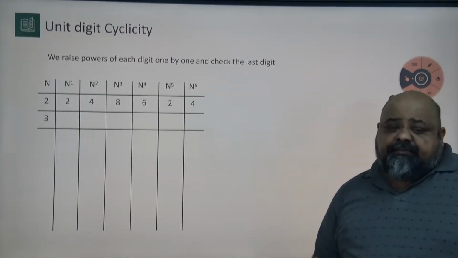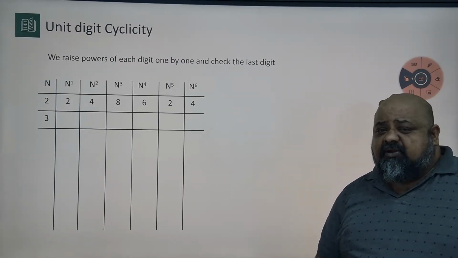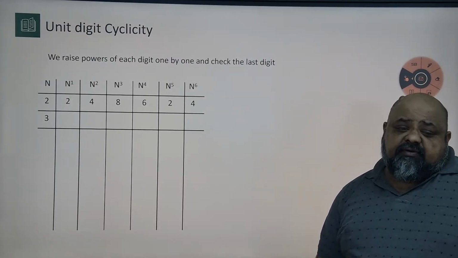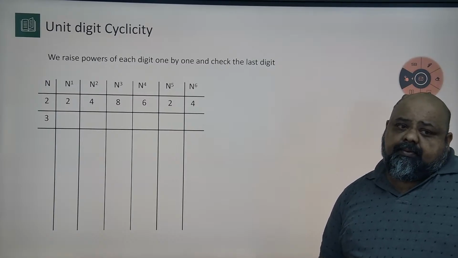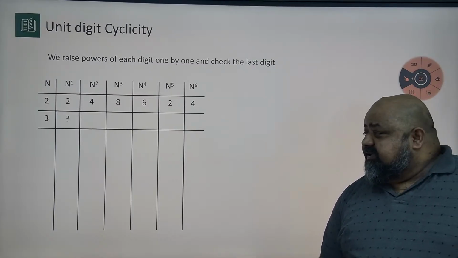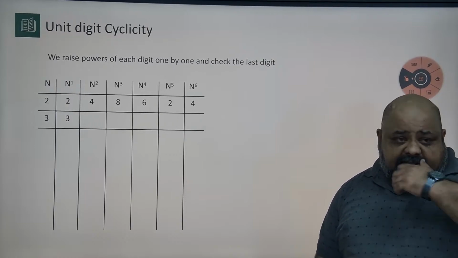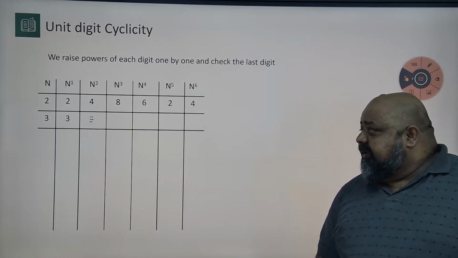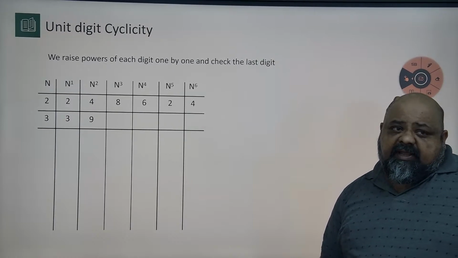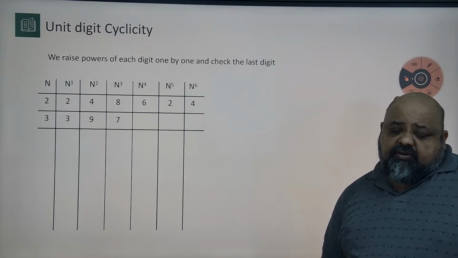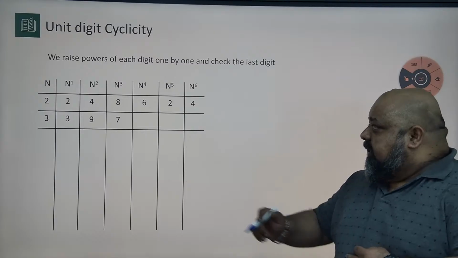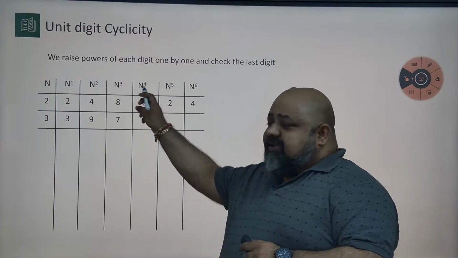What about 3? With a similar logic, what will be the unit digits of 3 raised to different powers? 3 raised to power 1 is 3. 3 square will be 3 into 3, 9. 3 cube will be 9 into 3, 27. So I write the 7. 7 into 3, because as I raise the power, I just have to multiply by n, right?